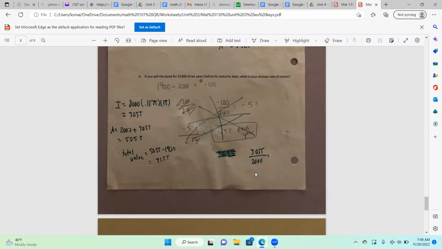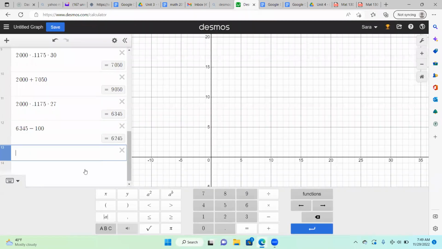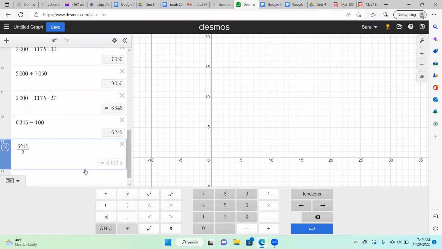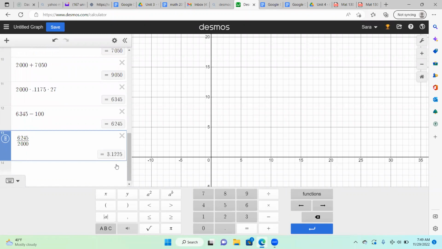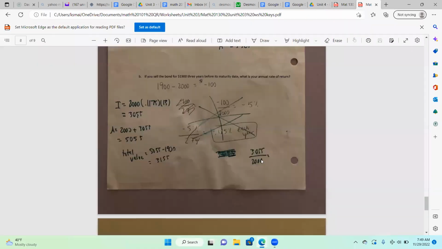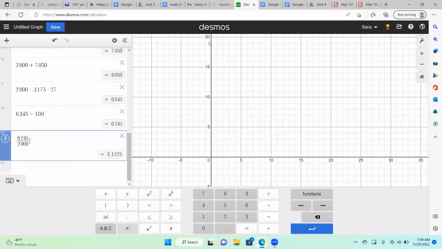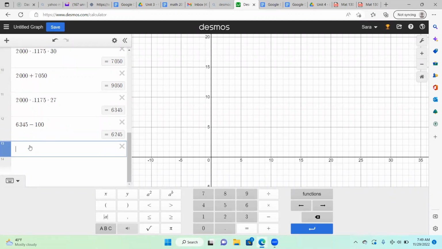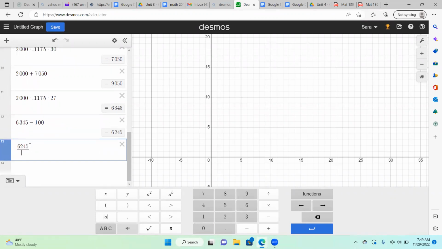And so that's 6,245 divided by the $2,000 that we originally paid for it. It would be the interest we earned divided by the 27 years.